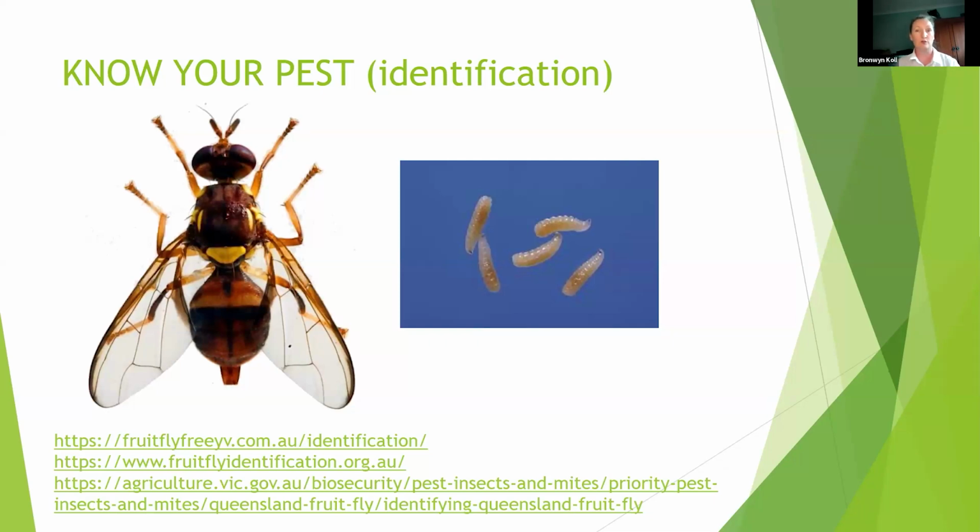So we use clues from our environment, we use information from what practices have been happening in that particular environment, and we look at hosts. And this way we can deduce the answer down to what it could be, and then we actually might need to send larvae off for laboratory testing.